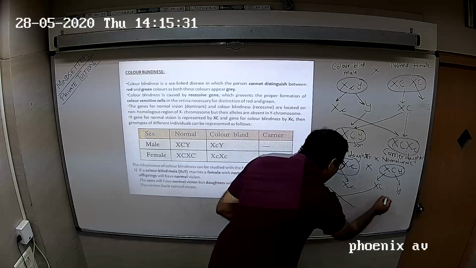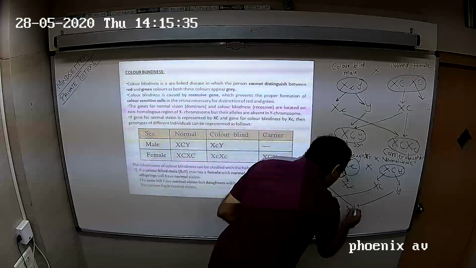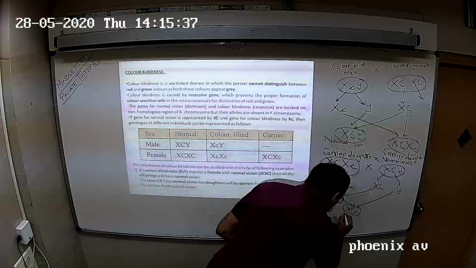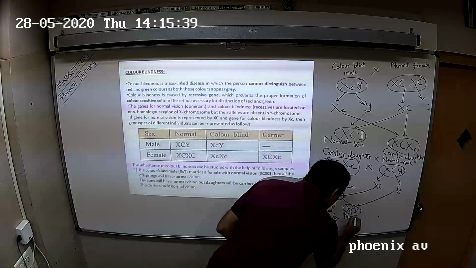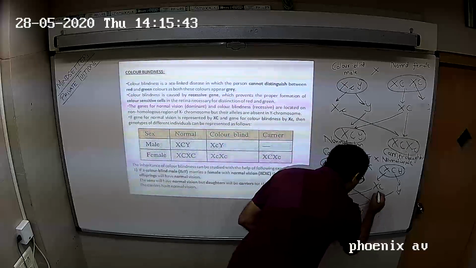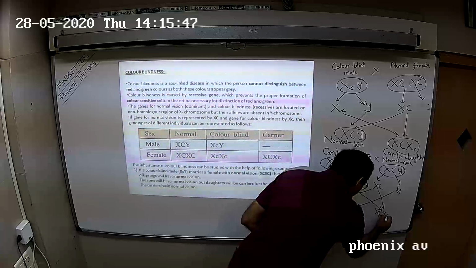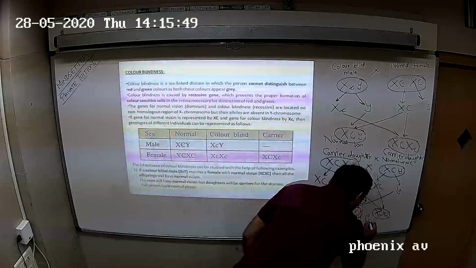X capital C, Y will form a normal son. But X capital C, X small c will form a carrier daughter.